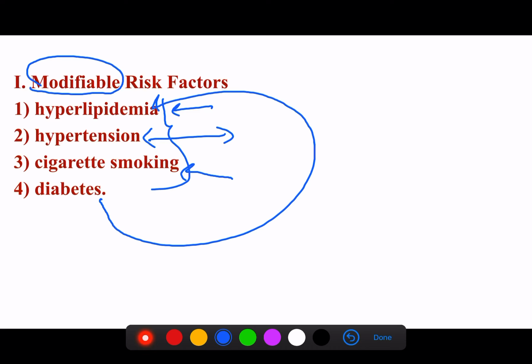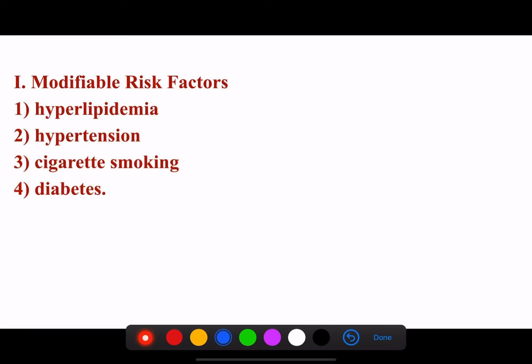Also, diabetes mellitus generates free radicals and endothelial injury, glycosylation by glucose, and increases the injury to endothelial cells. Also, disturbed coagulation occurs within diabetes mellitus. All these factors are modifiable, which means they can be treated, can be stopped. You can cut cigarette smoking, you can manage diabetes mellitus, you can manage hypertension, you can manage hyperlipidemia.